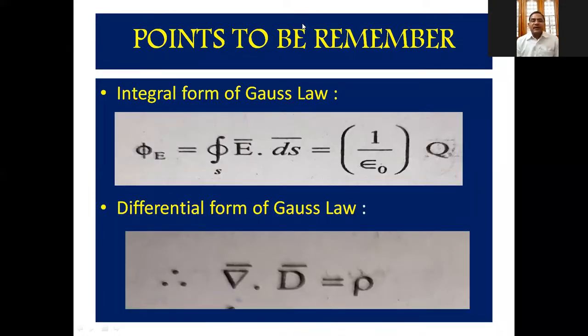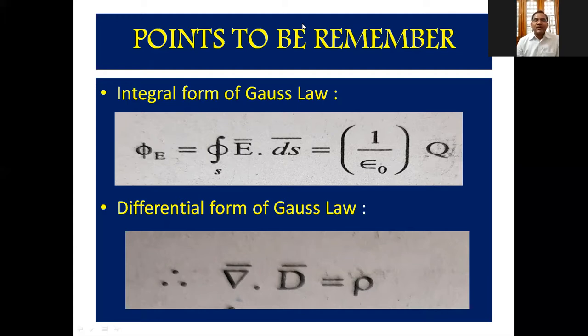The integral form of Gauss law, you should remember: the flux through any closed surface is given by the closed surface integral of E bar dot ds bar, which equals 1 by epsilon naught times the charge enclosed by that closed surface.